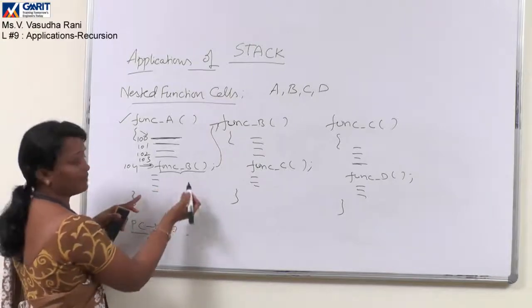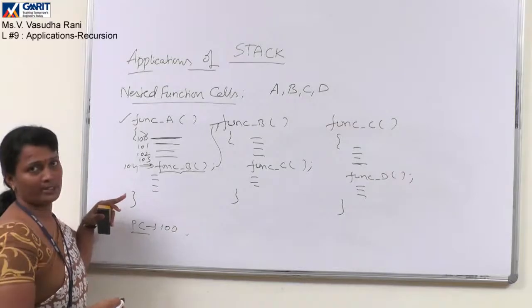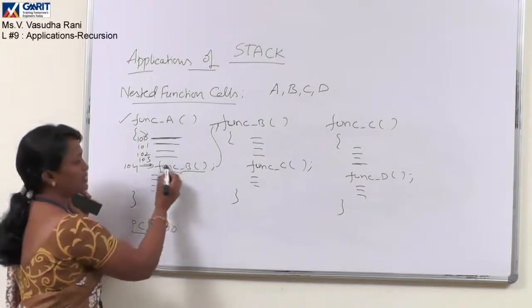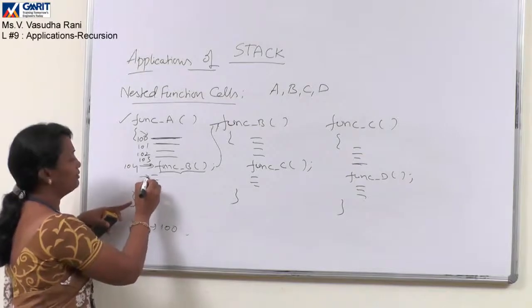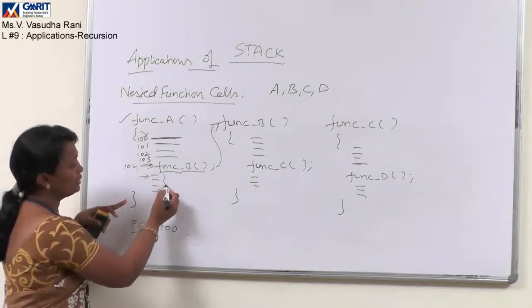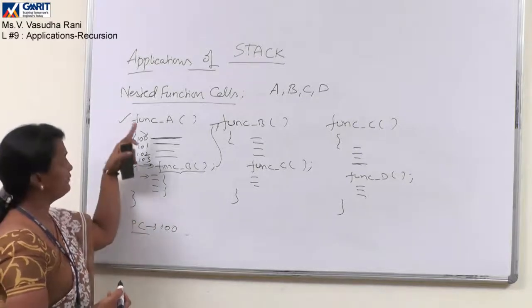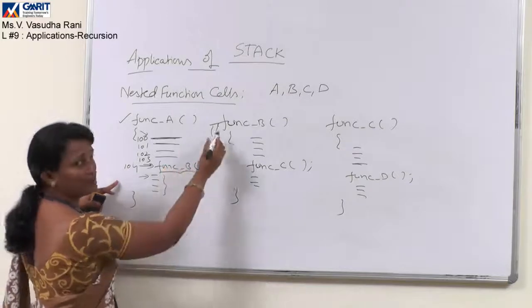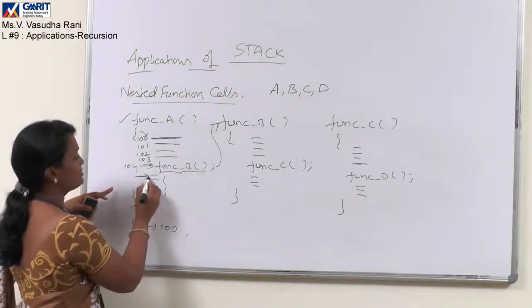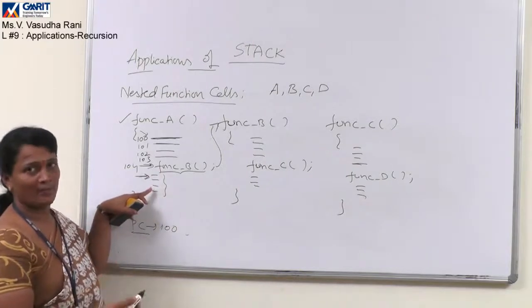But here one thing we can observe, after this function call there are other statements to be executed. So once the execution of this function is done, control has to come back here to continue with the execution of the remaining instructions of function A. So before the control moves from this function call to its definition, we have to store the address of the next instruction after this function call somewhere.